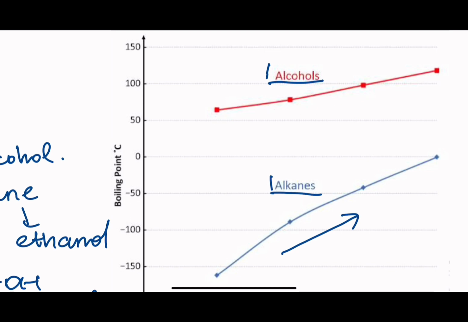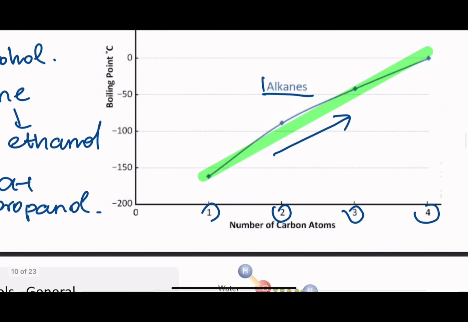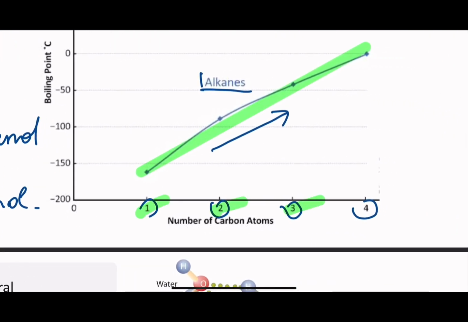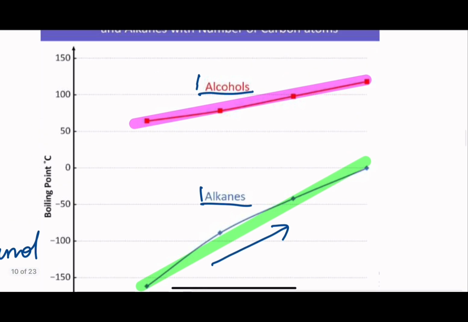Even though the alkane carbon number increases and their boiling point increases, as we talked about, it is less than alcohol.